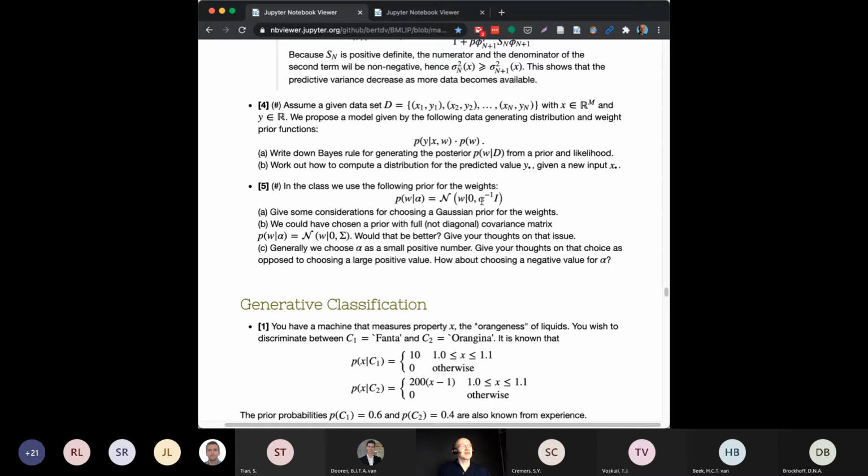That's totally fine. These were the considerations that made me choose this prior. It's also the prior that people usually choose from a didactical viewpoint because you get a closed form answer, but it's not necessary that you choose this one. You are free to choose.